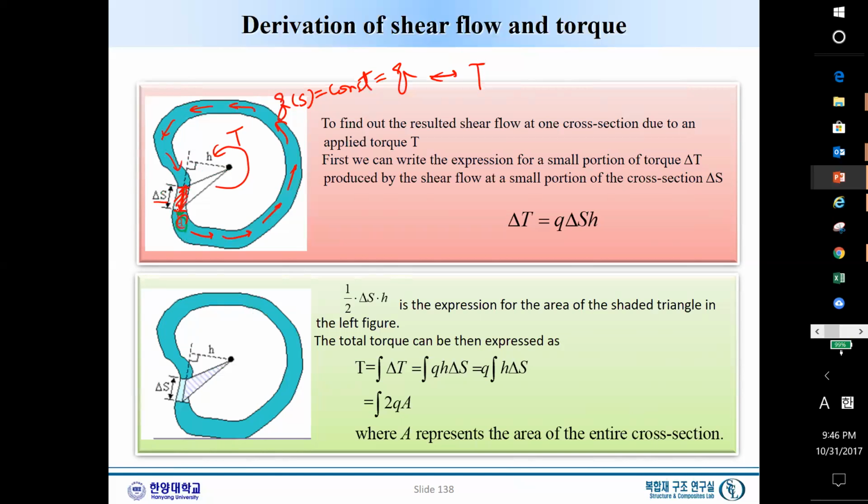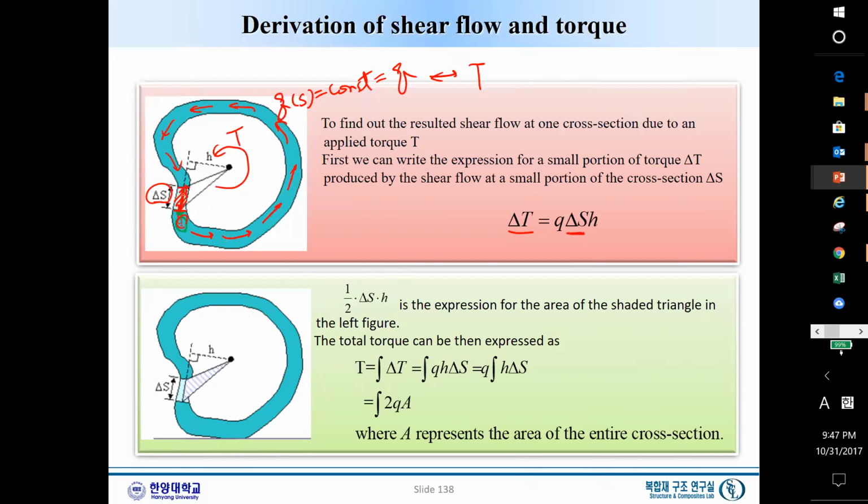And so the torque contribution, delta T, of this shear flow acting on this delta S is simply as follows.